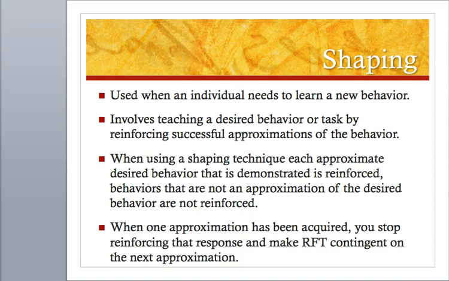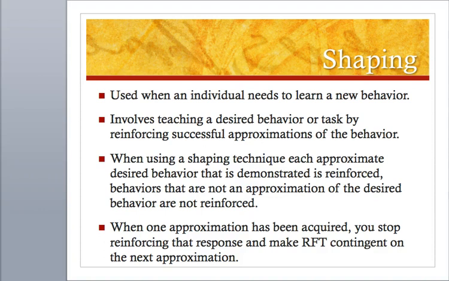Behaviors that are not an approximation of the behavior are not reinforced. So it's a little bit like a game of hot and cold. You wait for a closer version of the behavior and then you provide the reinforcer. And as you do that, you stop reinforcing the previous approximation. When one approximation is acquired, you stop reinforcing that response and you make reinforcement contingent on the next approximation.